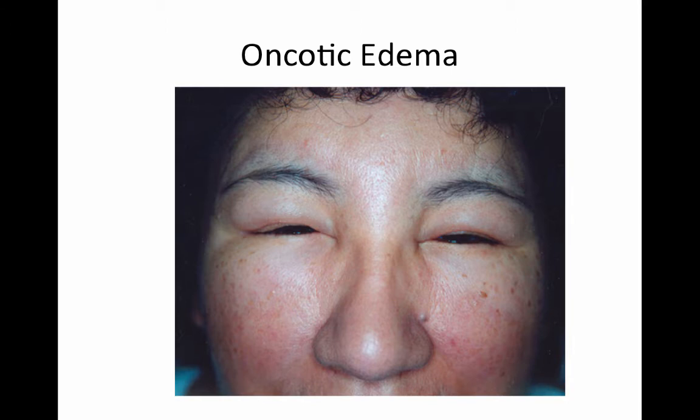Oncotic edema is actually caused by a reduction in colloidal osmotic pressure of the plasma. So again, when there is a loss of plasma proteins, then you have a loss of oncotic pressure, and that is when fluid will leak out of the intravascular space into the interstitial space. You see this when you have low albumin levels or in hypoalbuminemia.